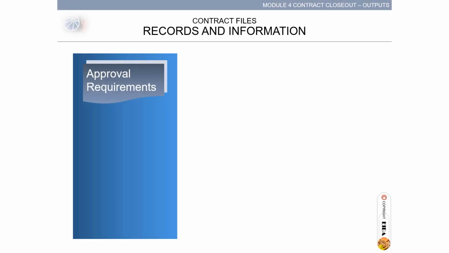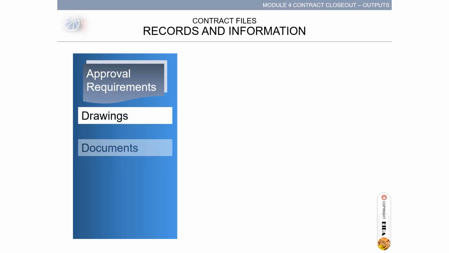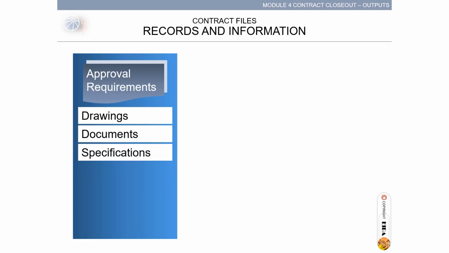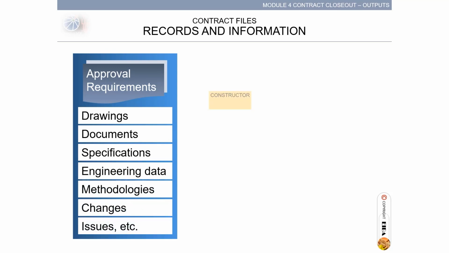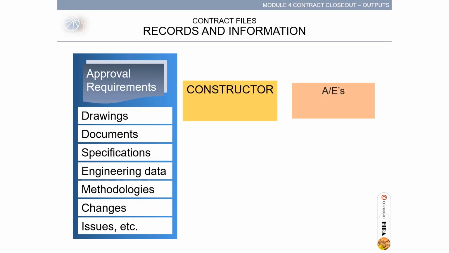There are approval requirements for records and information, such as for drawings, documents having contractual impacts, specifications, the detailed specifications, engineering data to be used in the project, methodologies to apply, changes, issues, and etc. We have a constructor, architects, engineers.